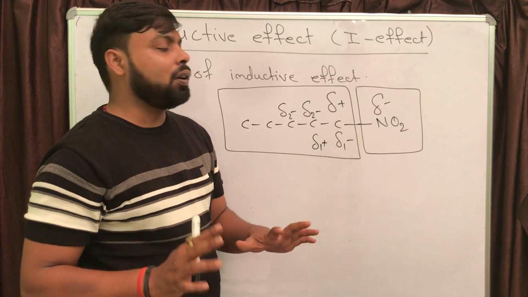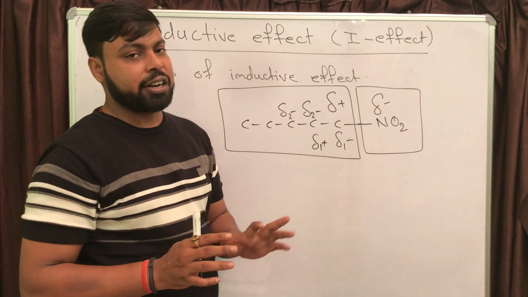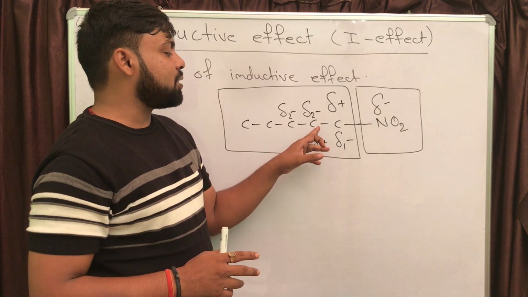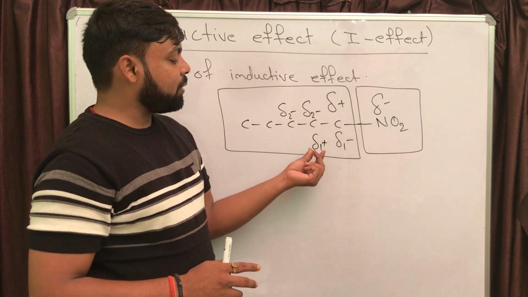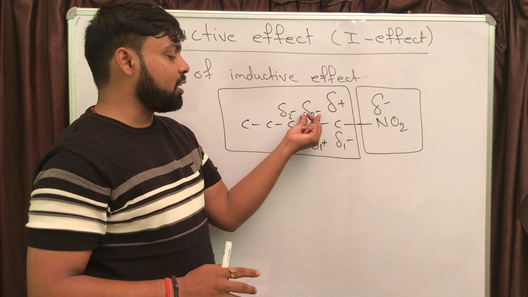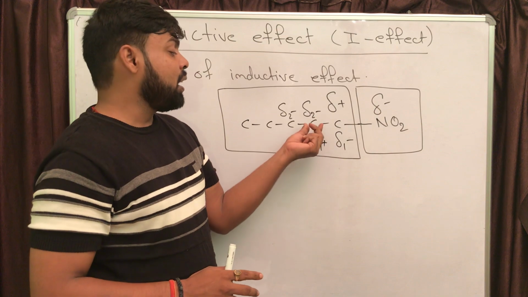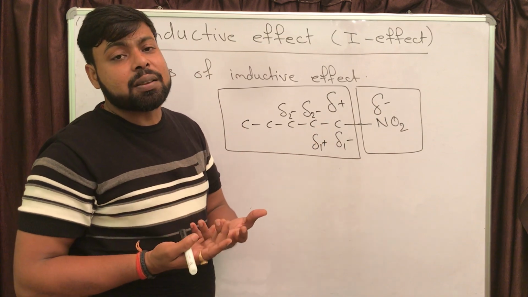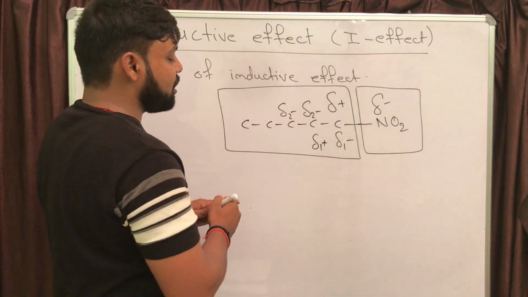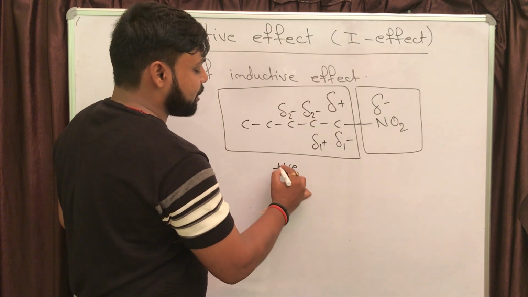So overall there will be some partial positive charge on alpha carbon. Similarly, on this beta carbon, delta 1 is positive and delta 2 is negative, and the numerical value of delta 2 is less than delta 1. So beta carbon is also getting some partial positive charge. So overall, this carbon chain is going to have positive charge, right?